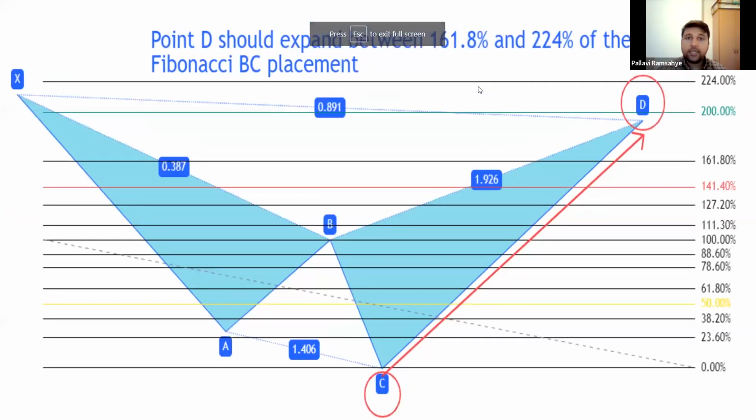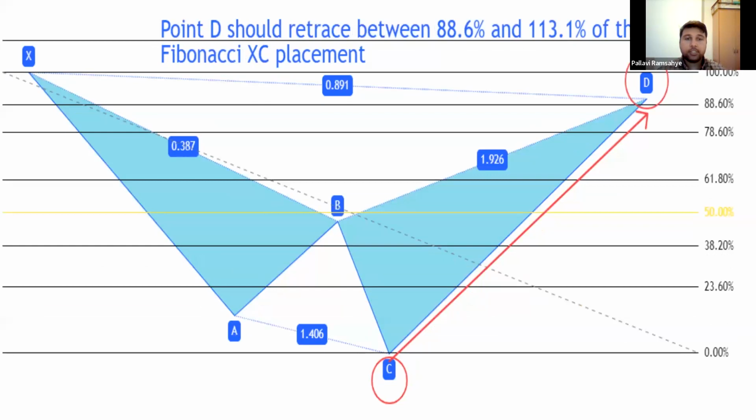So then after this, we are then looking for another expansion, okay? So same concept of the placement. However, we are placing it from B to C, okay? And again, the same concept of it being 100%, the retracement percentage, what am I trying to say here?